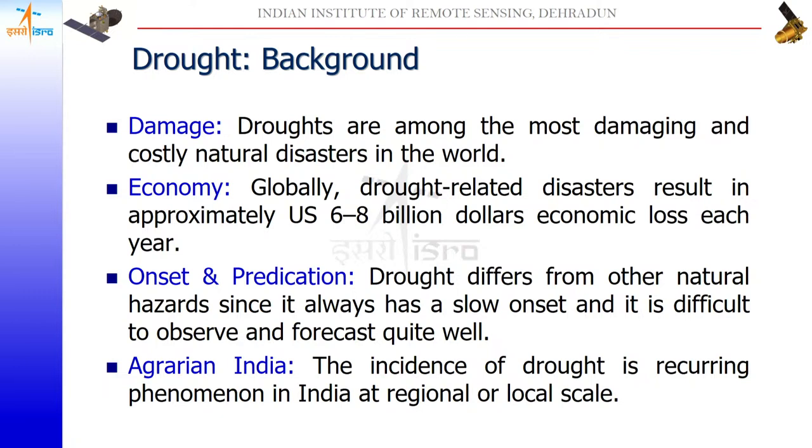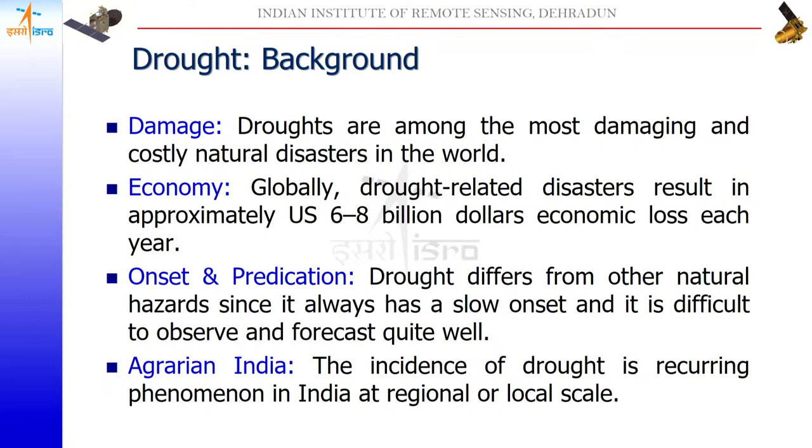If I'm talking about various kinds of natural disaster, like earthquake, landslide, flood, drought, cyclone, then volcano eruptions, among all natural disasters, drought is the one which is most damaging in terms of monetary loss as well as price loss.